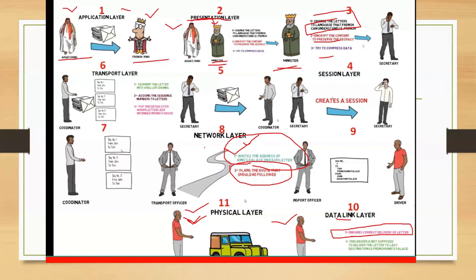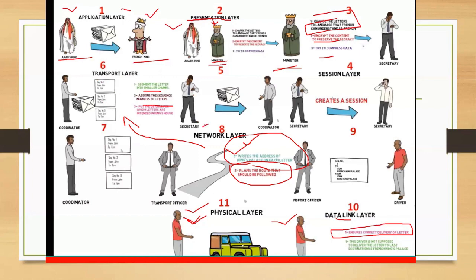After deciding the address, we give the data to the transport layer. In the transport layer, the letters are segmented, since many letters will come using transportation by car, truck, or anything else. The letters will be segmented and numbered. Based on the numbers, it will move on to the next level.